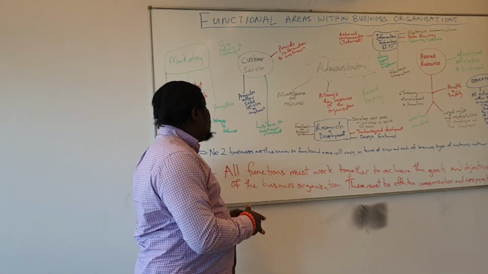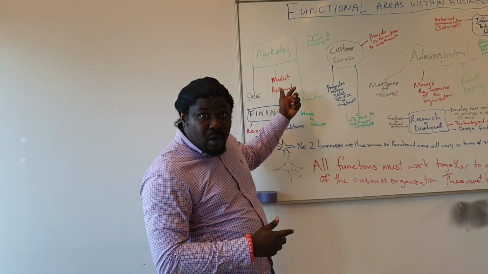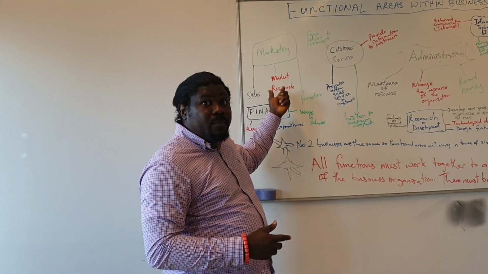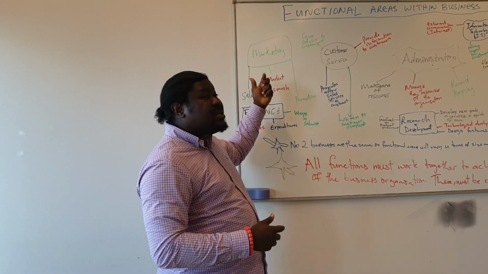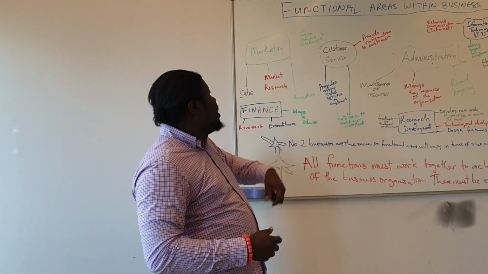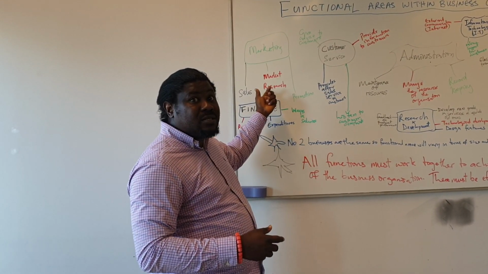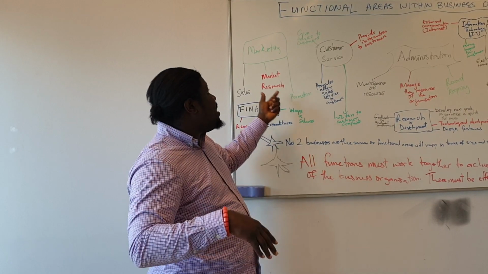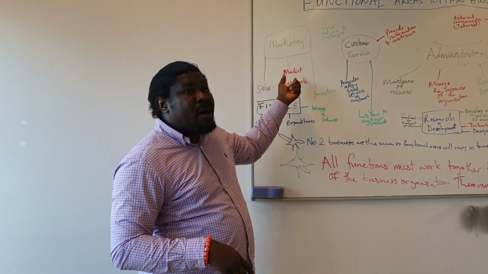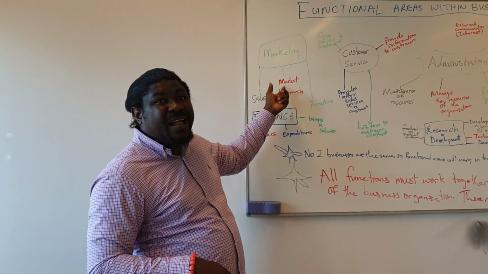Also, the uniqueness of the product, the price of the product, the place where the product can be available, and the promotional techniques, the marketing mix of the 4 P's, is determined by the marketing department.